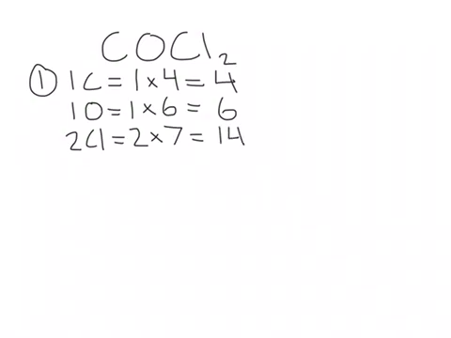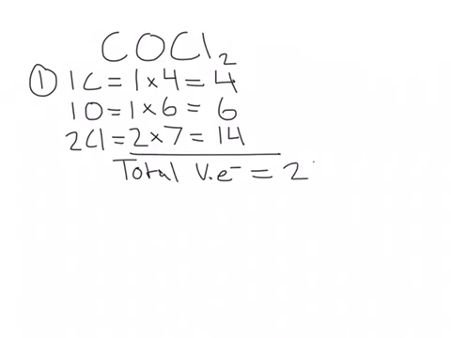So we're going to add them up to get our total valence electrons, which is 24. Knowing that we have 24 individual ones, if we divide 24 by 2, we know we should have 12 pairs of valence electrons.